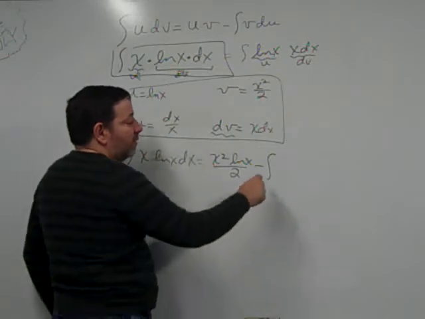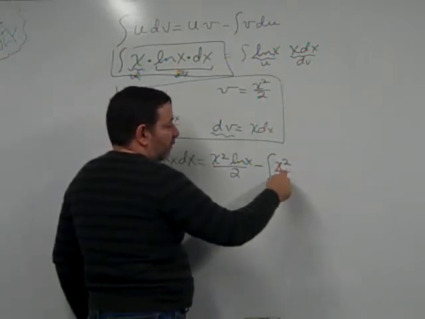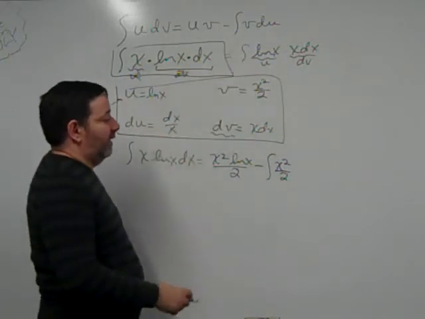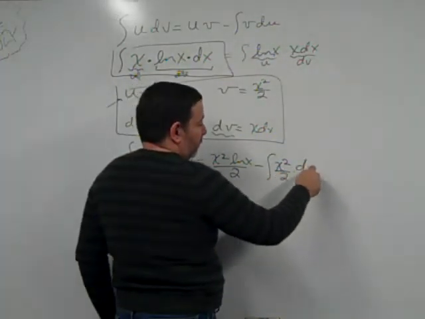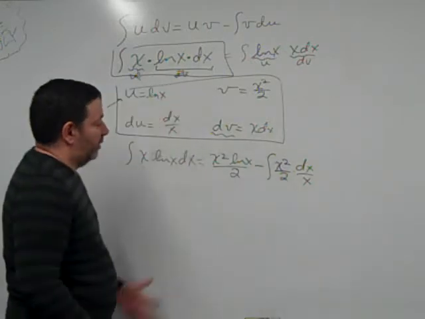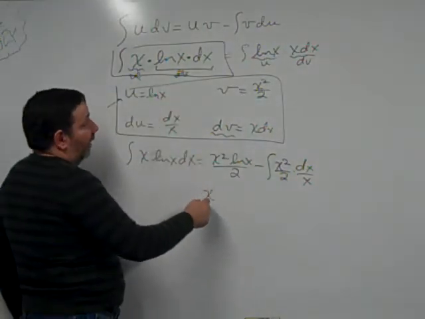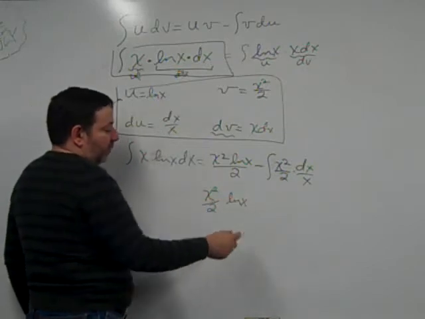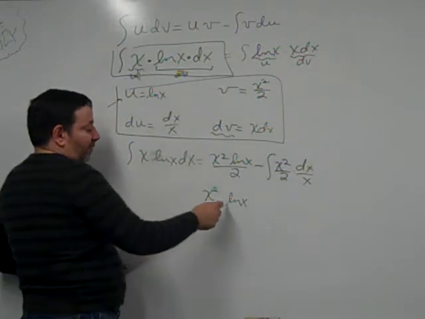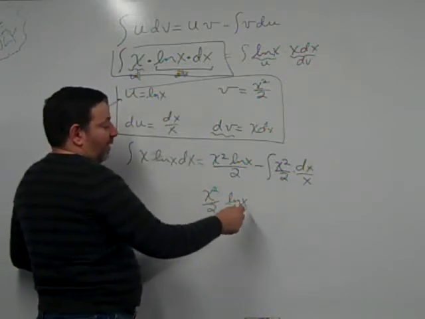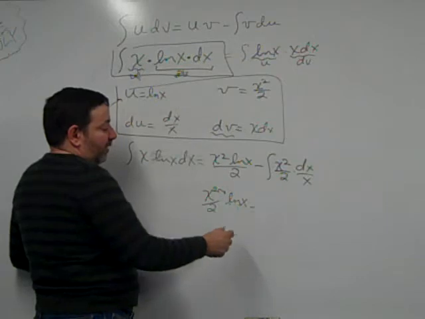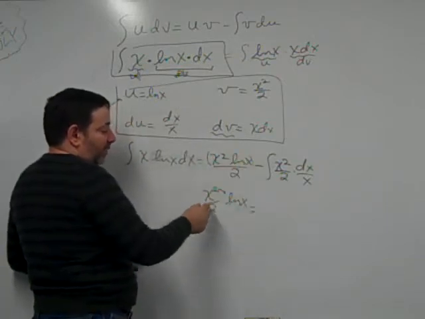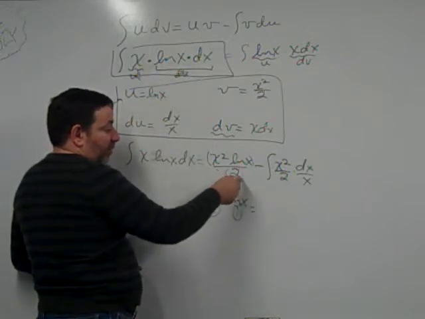That's v times du, which is dx over x. Okay, now before we go on, I just want to point out something. I said I was going to write v times u. And if you like to think of a 1 being under there, fine. Well, x squared times ln of x is just what I put on the top, and 2 times 1 is just what I put on the bottom.